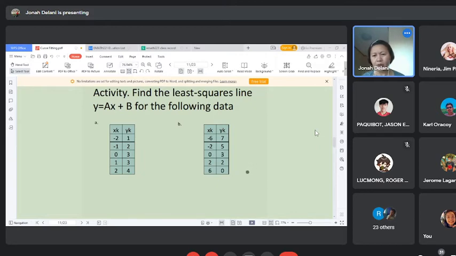So the linear equation that we can generate using linear curve fitting, given these points, is f of x equals ax plus b, so 7 over 10 x plus 13 over 5.